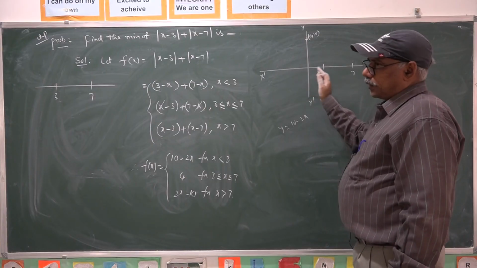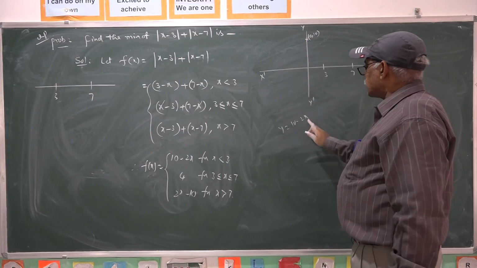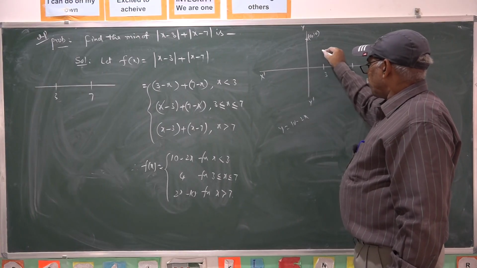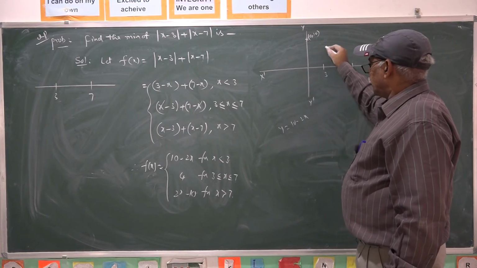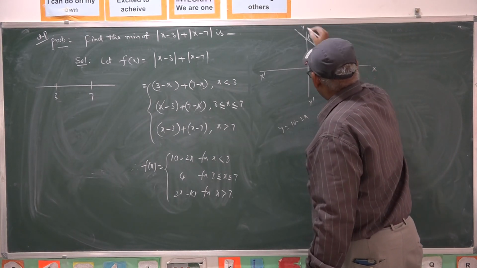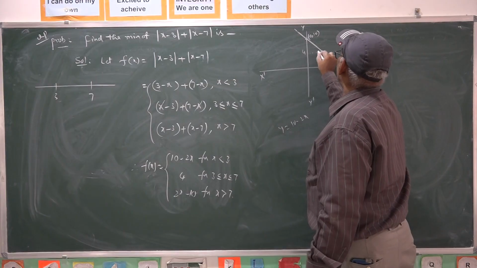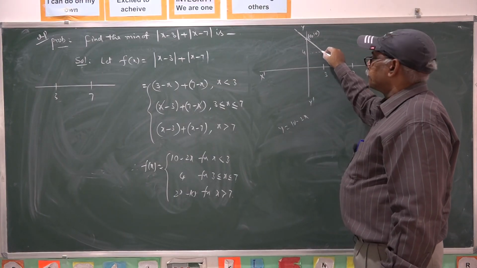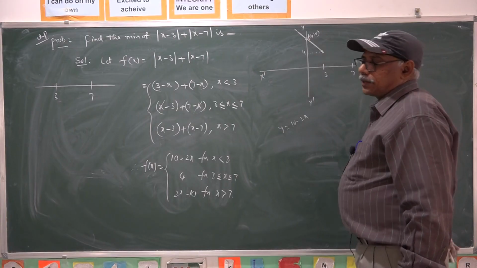When x is less than 3, for x equal to 3, y equals 4. So once you join these two points, this is 4, this is 4. For x equal to 0, it takes 10.